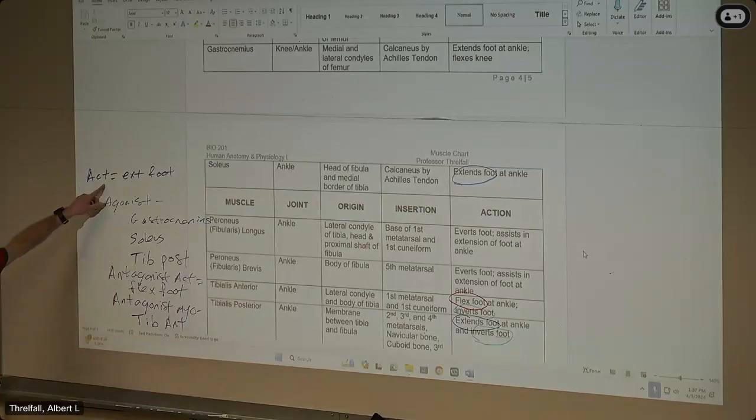So see, we started by defining an action. And we came up with them being an antagonistic pair. But what if the action we defined was inversion? Then what would we have come up with? That they're an agonistic pair because they both invert.